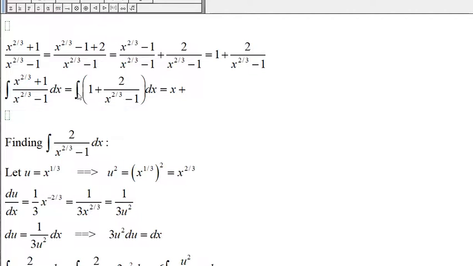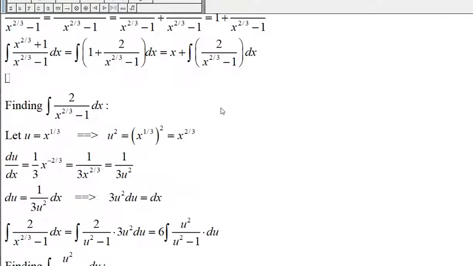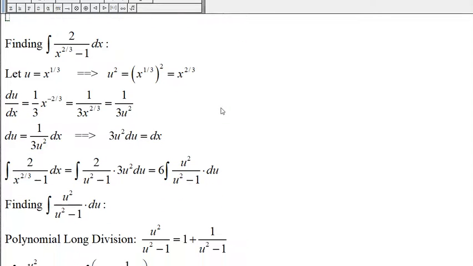And now we need to find this integral, the second integral right here. So it would be x plus this integral. Now let's find this integral. Let u be x^(1/3).